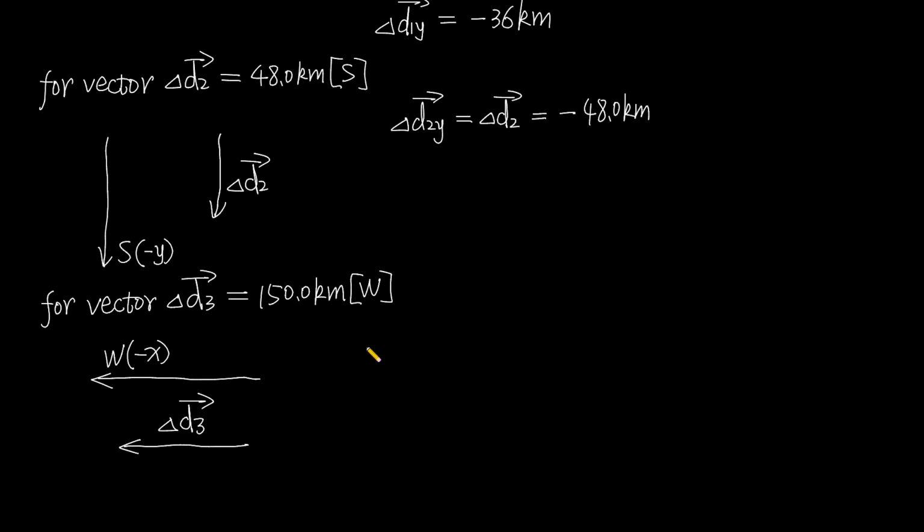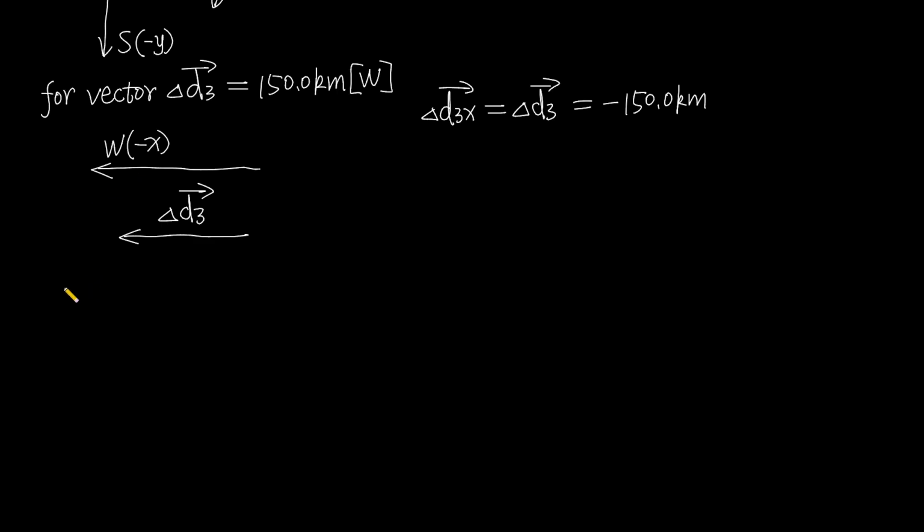So from the graph, we can know that the vector delta D3x is just delta D3 because delta D3 is parallel to the west direction, also to the negative x direction, and this equals negative 150 kilometers. It's negative because its direction is the negative x direction.